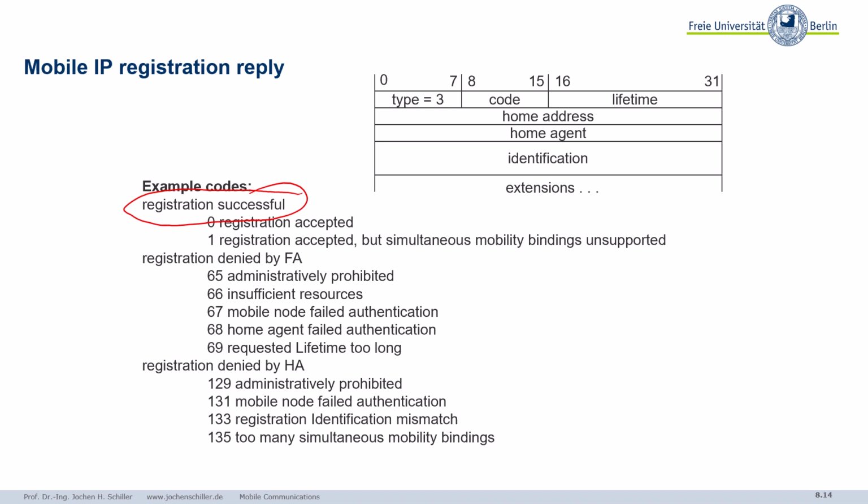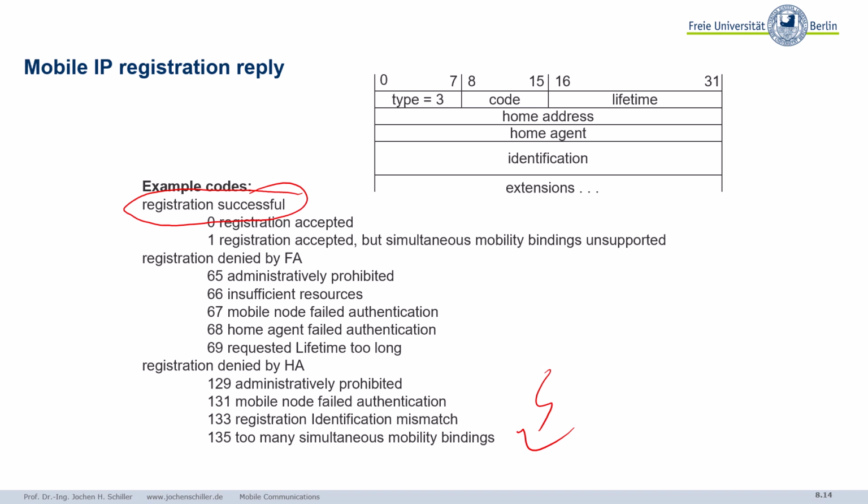So registration accepted, that's great. Or maybe, no, I don't know you, something like this. Or maybe also the foreign agent will tell you, no, I will not register you. So that's the reply. So that's usually the simple part.